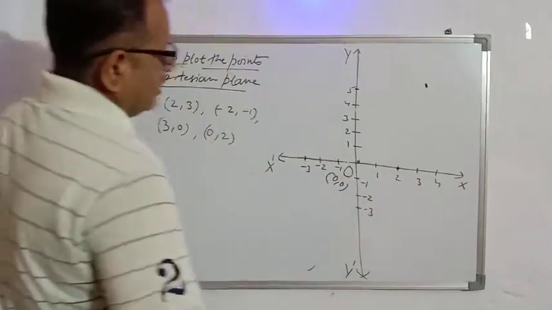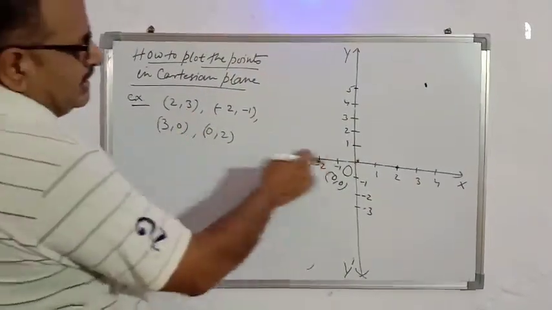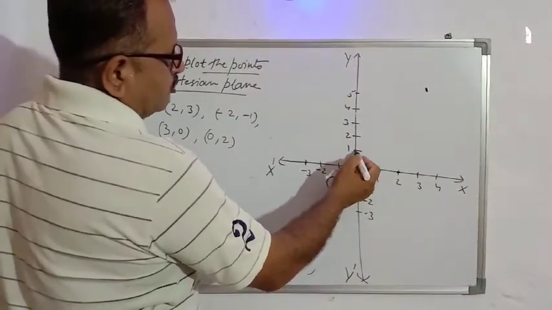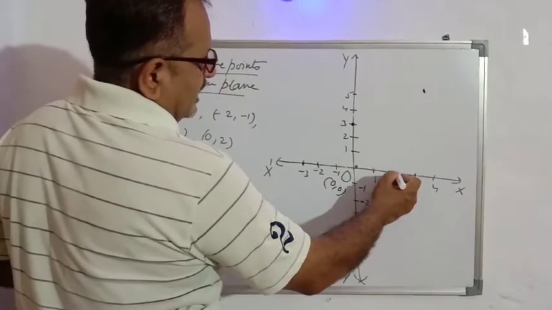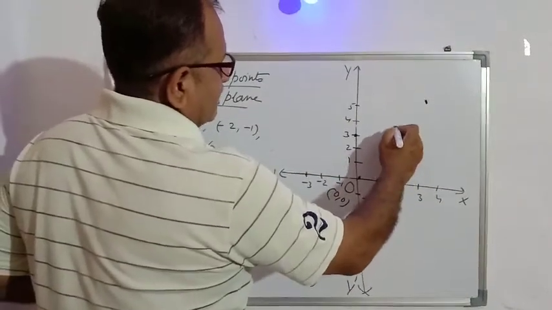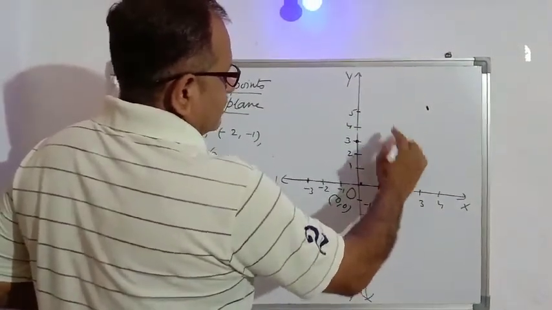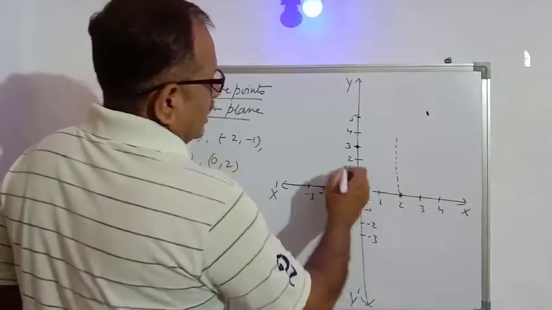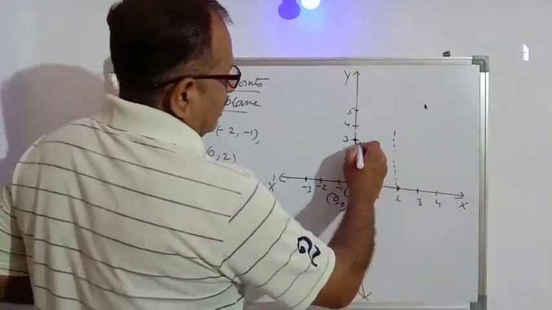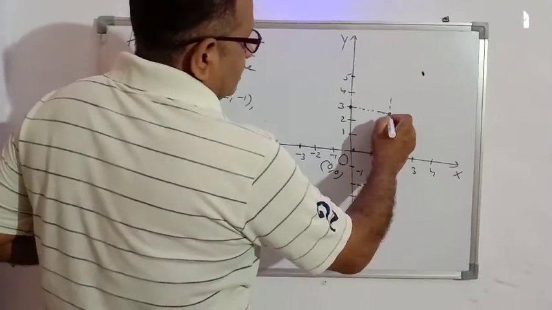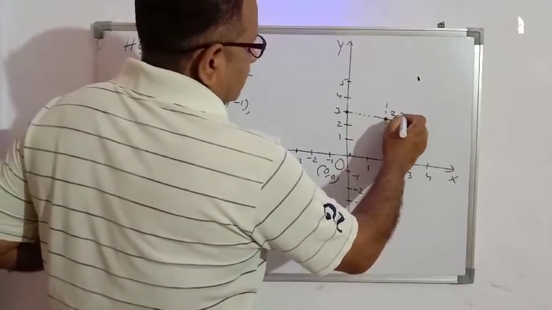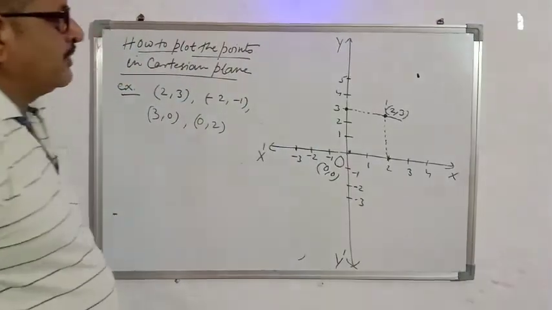The y coordinate is 3, so on the y axis we have to move 3 unit. From 2 we will draw a line parallel to the y axis like this, and from 3 we will draw a line parallel to the x axis. Both lines meet here. This point is (2, 3).